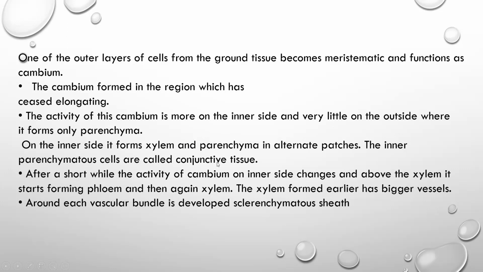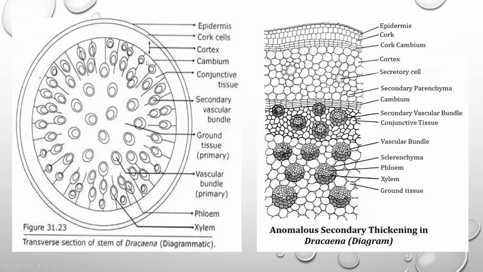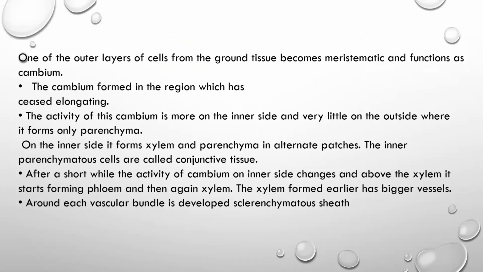This cambium produces more parenchyma cells towards the inner side and fewer outside. First it produces parenchyma cells only, but some of these inner parenchymatous cells become meristematic and behave as a vascular cambium.